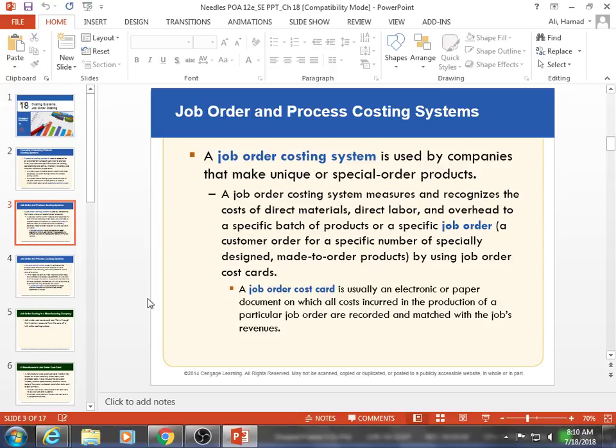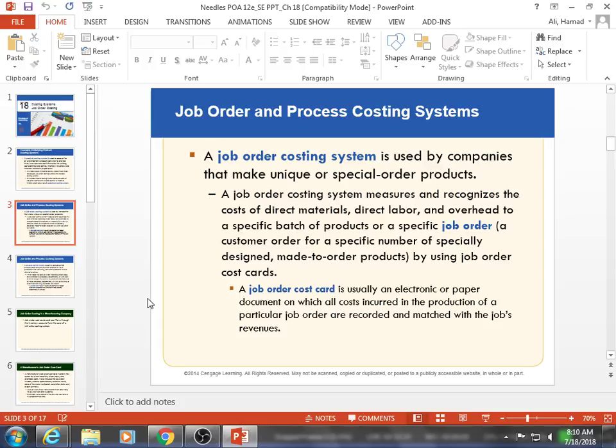I said earlier that there are two costing systems, job order costing system and process costing system. So if you are a business that builds or makes unique products, each product is different.